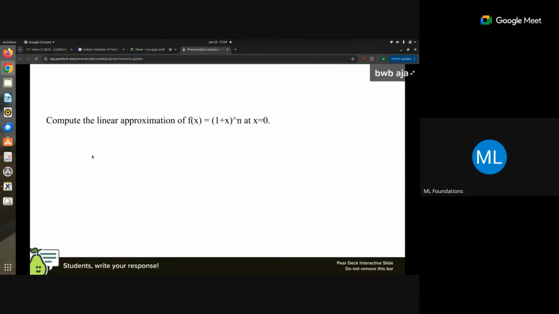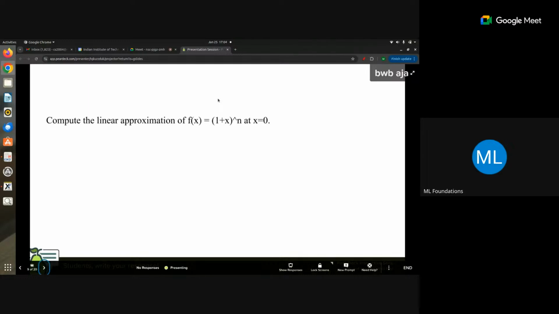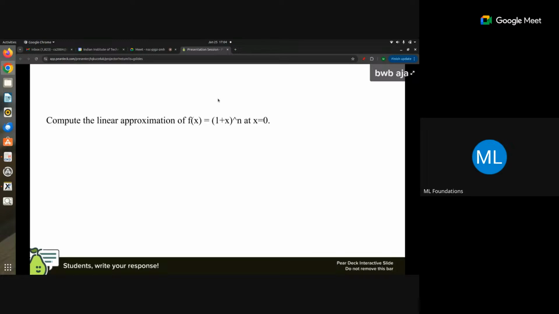It should be around x equals 0. 1 plus x to the power n.